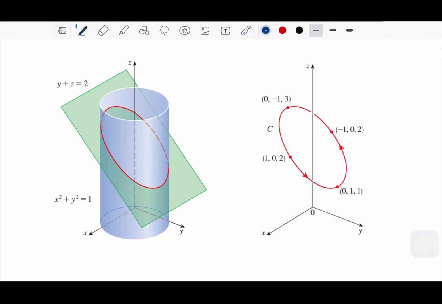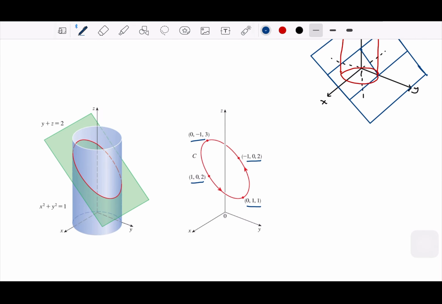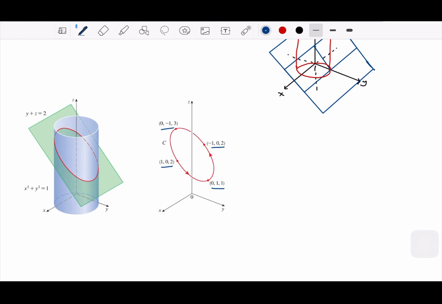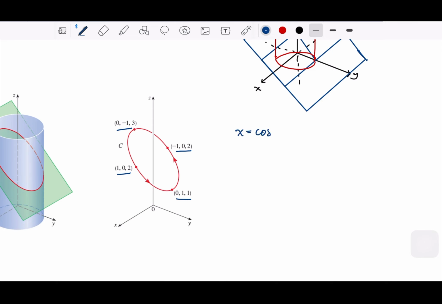If we check, and try to use some numbers, we can write that x, for example, is cos t, y is sin t.